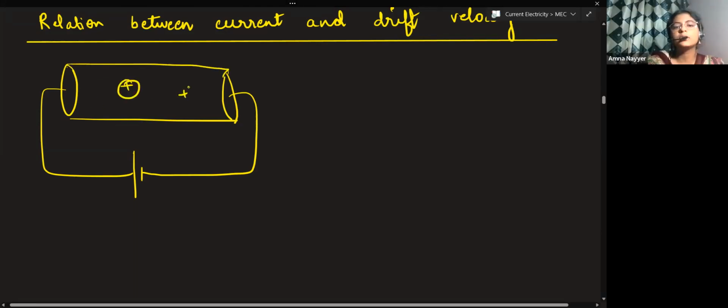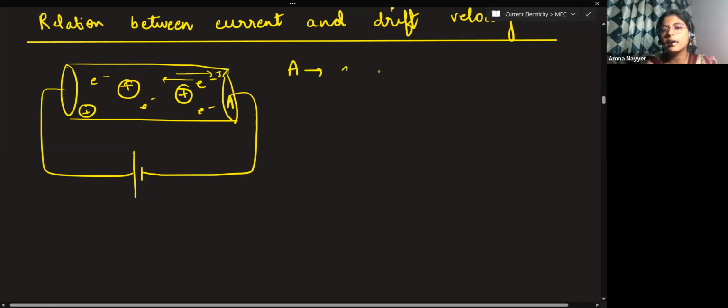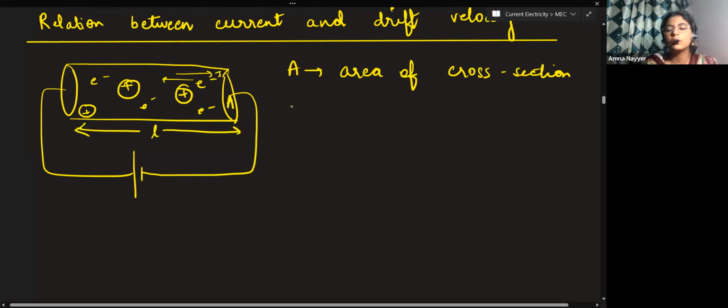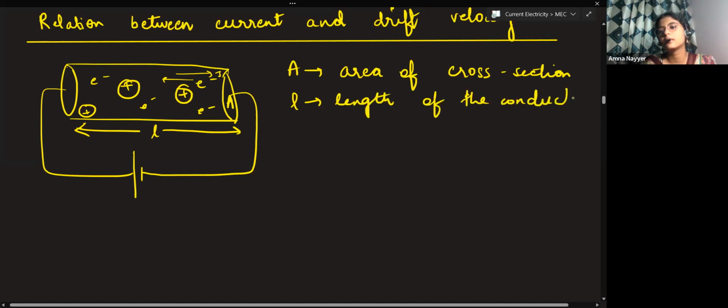Okay, so again, positive ions are there and negative electrons are there in the conductor. So electrons are moving and electric current will flow in the opposite direction to it. Now let's say the area of cross section of the conductor is A. L is the length of the conductor.